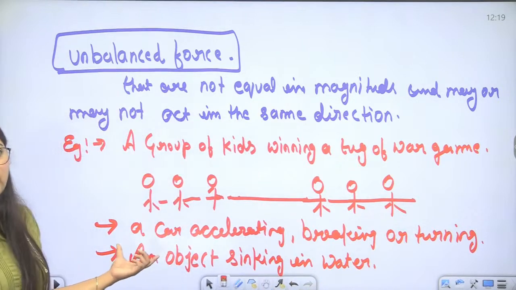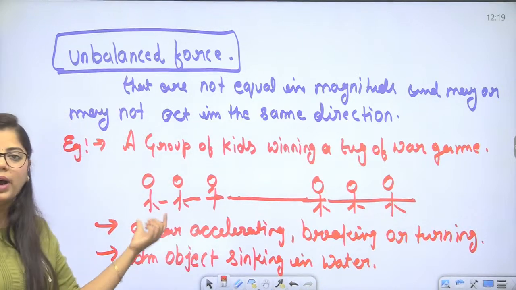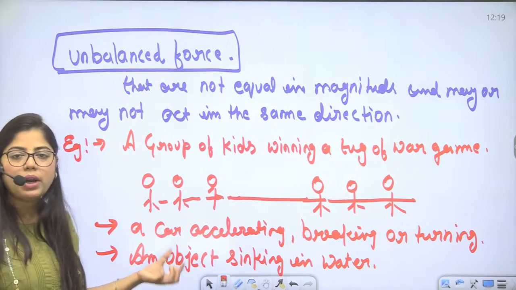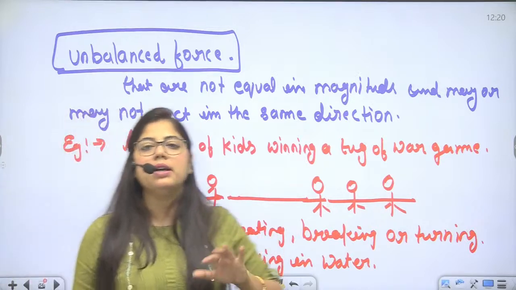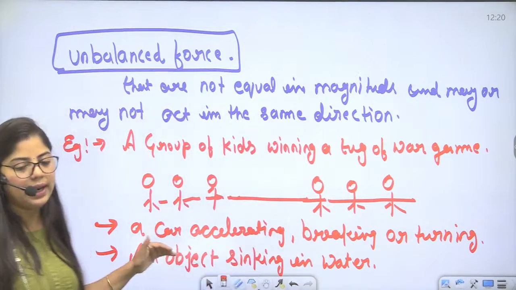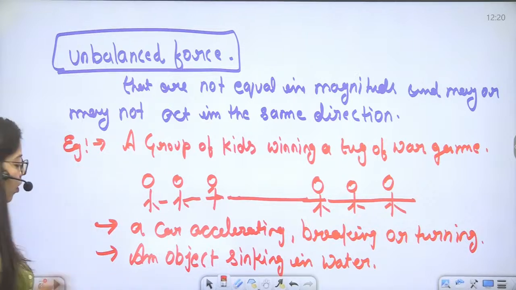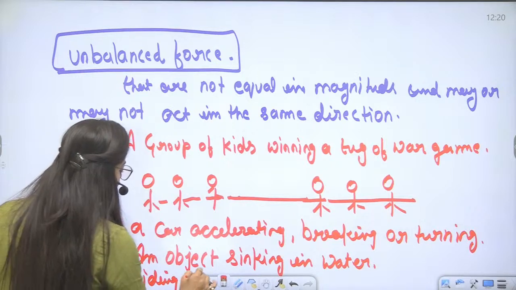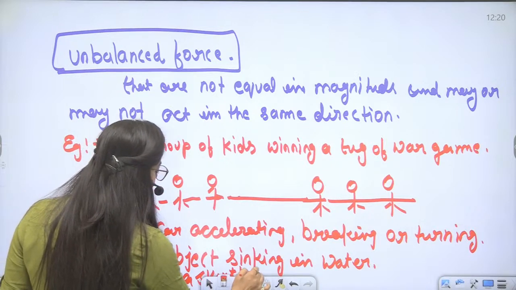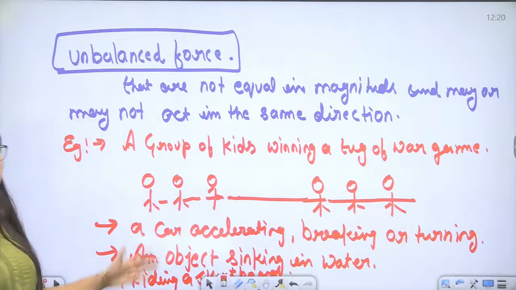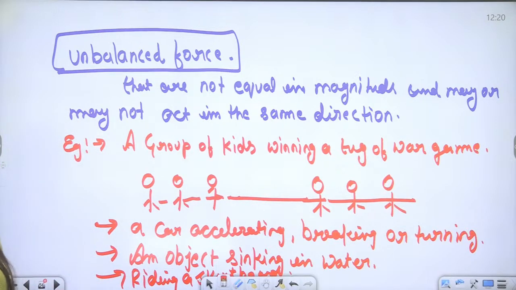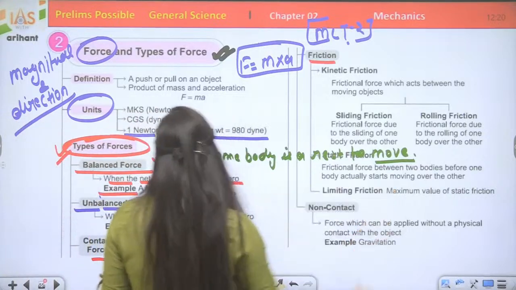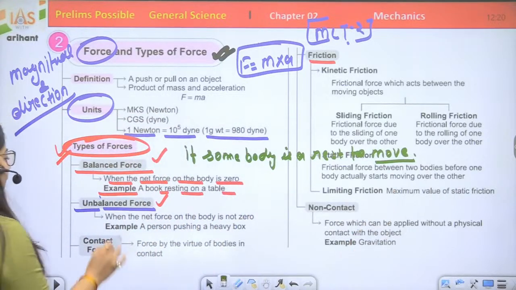That is unbalanced force. Why? Because the forces do not have equal magnitude and may or may not act in the same direction. Also, riding a skateboard is another example of unbalanced force, right?